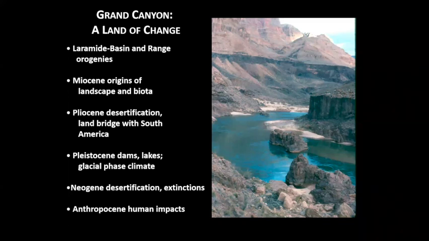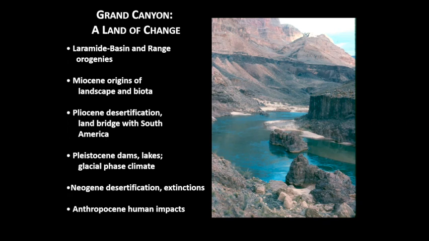During Pliocene times, 4 or 5 million years ago, the region dried out more seriously than it is now. 2.5 million years ago, South America bumped into North America, causing what's called the Great Faunal Interchange between the two continents.